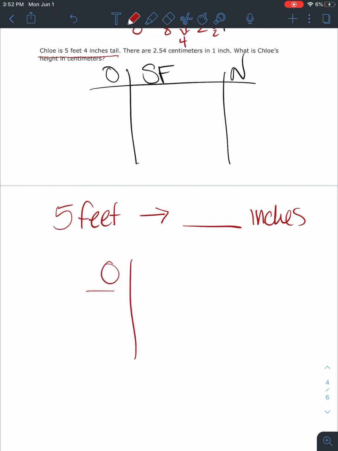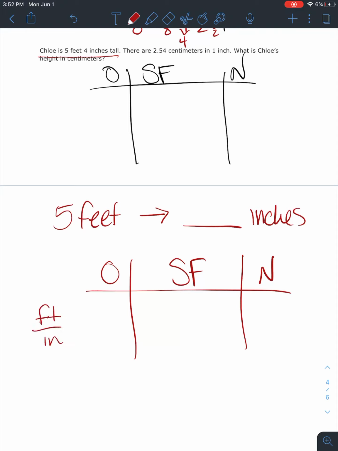So old, scale factor, and new. All right, so the 2 things that we're going to have here are feet and inches, and to be honest with you, it doesn't matter which one's on top and which one is on the bottom. The only thing that matters is if I have feet over here on top, then I need to have feet over here on top as well.